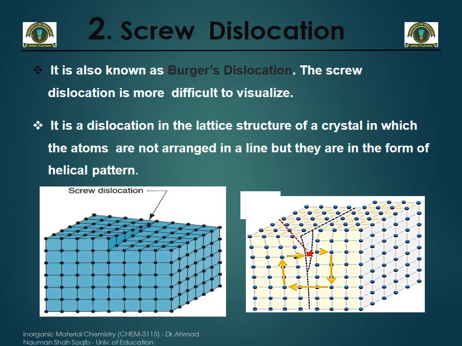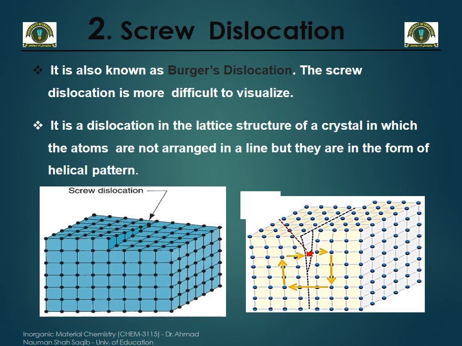The second type of line defect is screw dislocation. Screw dislocation we also call Burgers dislocation. Burgers is a physicist whose complete name is Jan Burgers, who first observed the screw dislocation in the crystal structure, as the screw dislocation is also observed in the DNA structure.